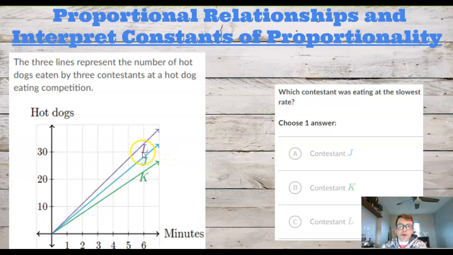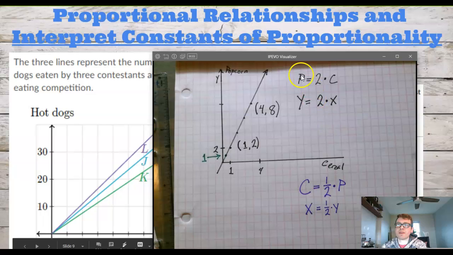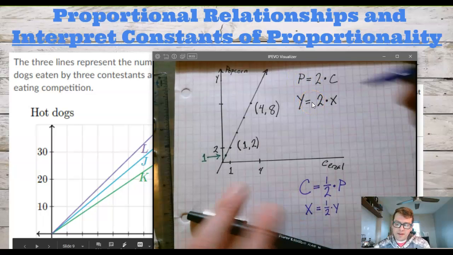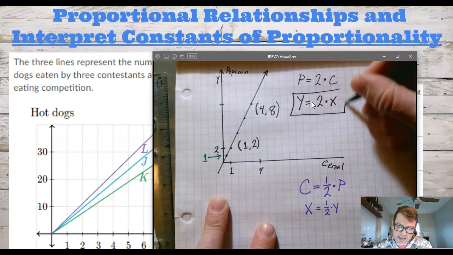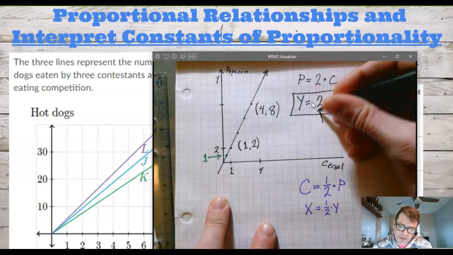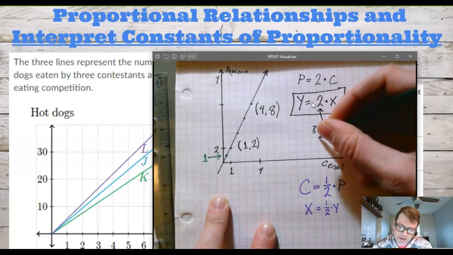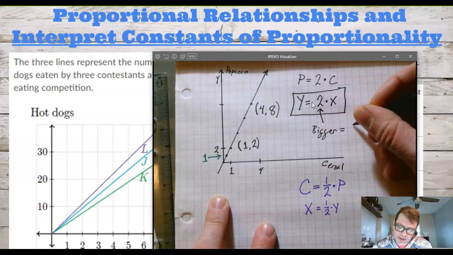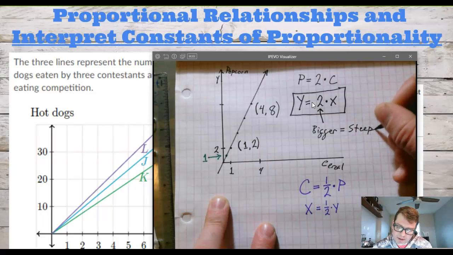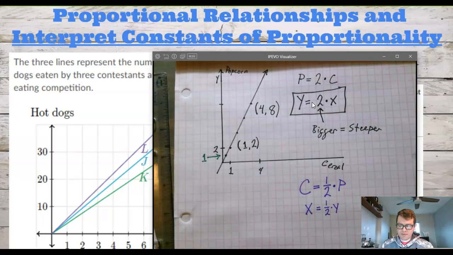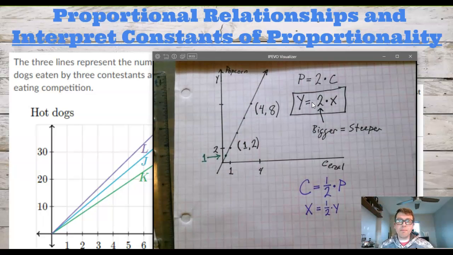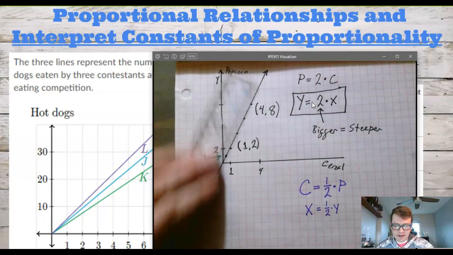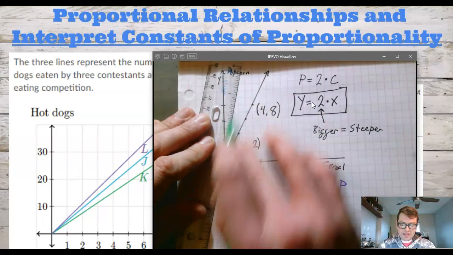So realize that the notes that we've been taking, if you set up the equation like y equals some number x, this number gets bigger as the line gets steeper. So if this line was steeper, if I wanted to change my mix of trail mix and I used a different line, this would have a steeper slope.